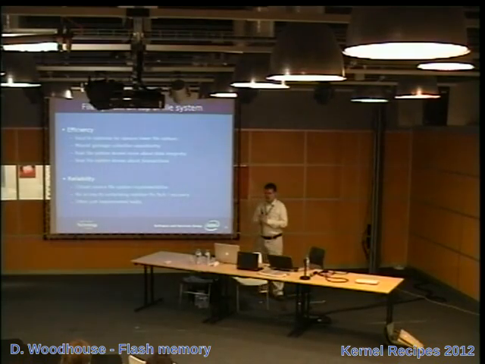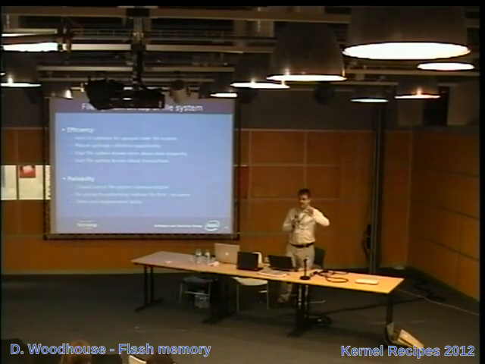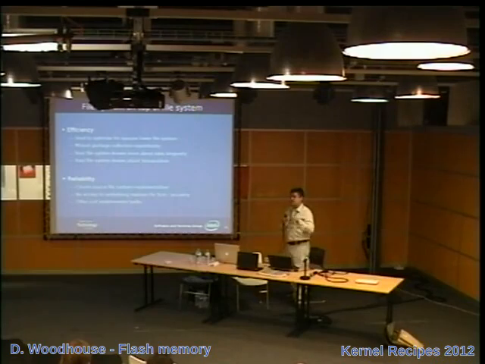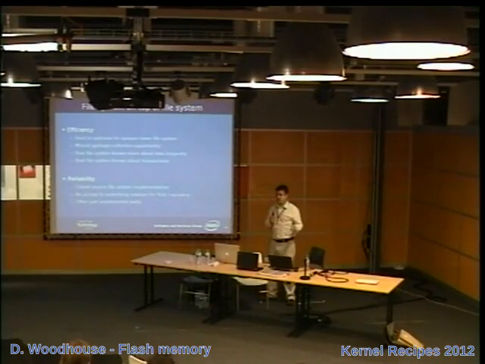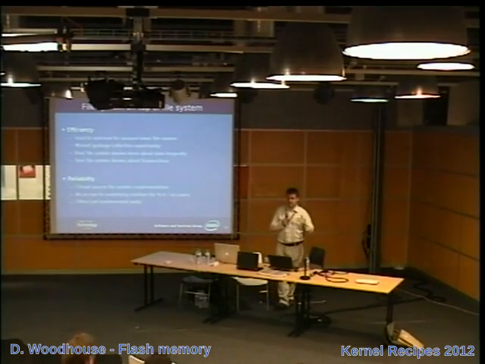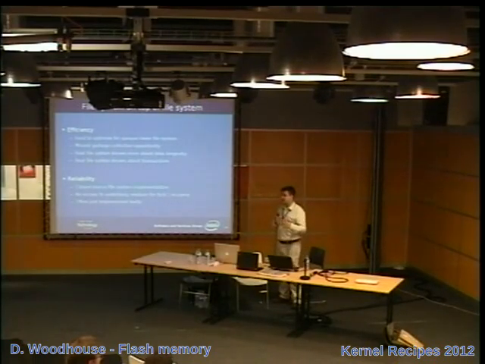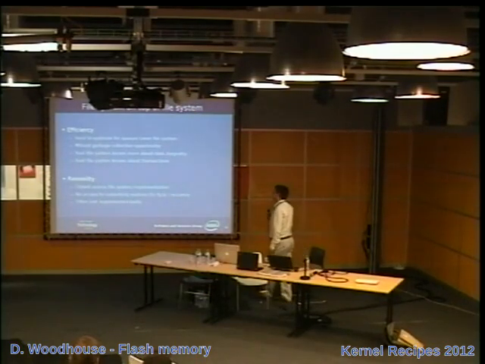And there are opportunities for defragmenting and collecting data back together as you garbage collect, which a native flash file system can do and can basically optimize its own storage. Whereas if you have this separation and a device pretending to be a disk, you don't get that opportunity to improve the layout as you garbage collect.